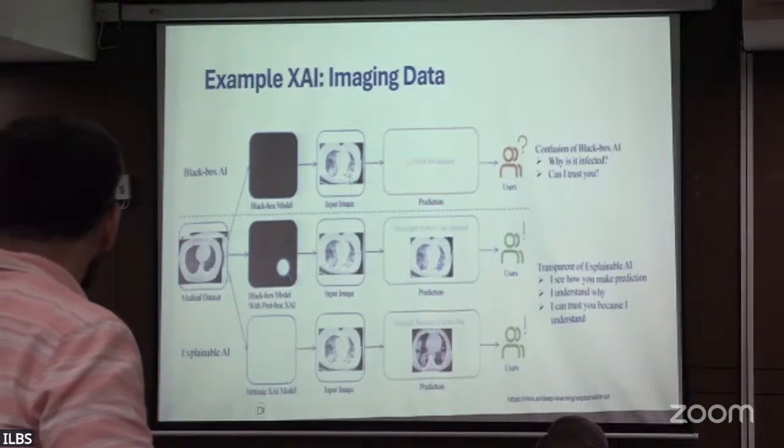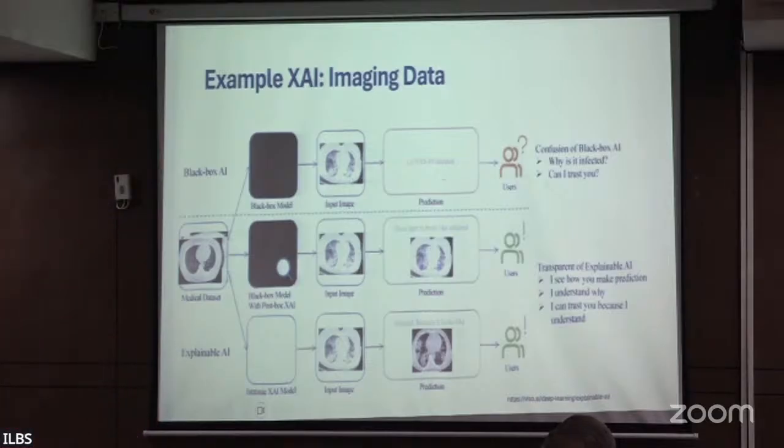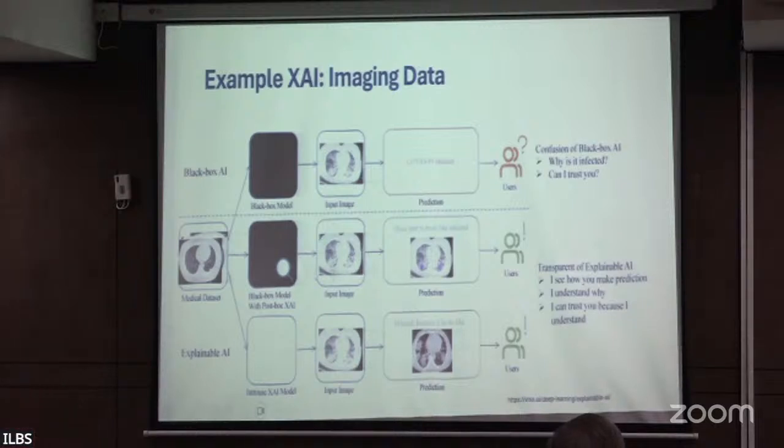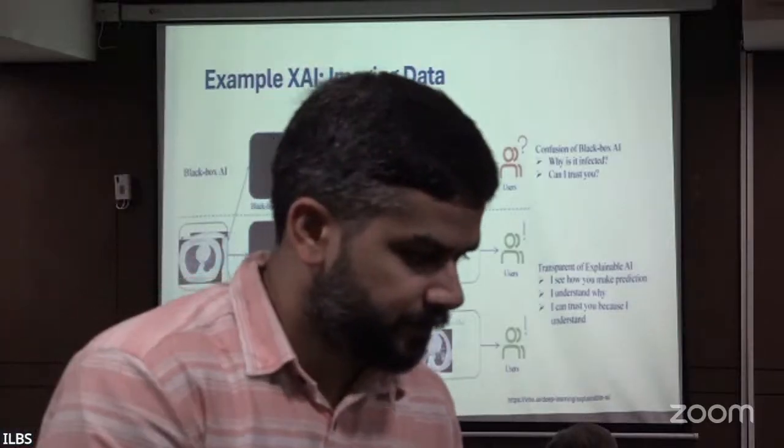The input image is given and it is giving yes. So it is a confusing black box thing. But when explainability comes into the picture, it tells about the area. The main idea is to give the particular area of the image, which is the reason for giving this prediction.